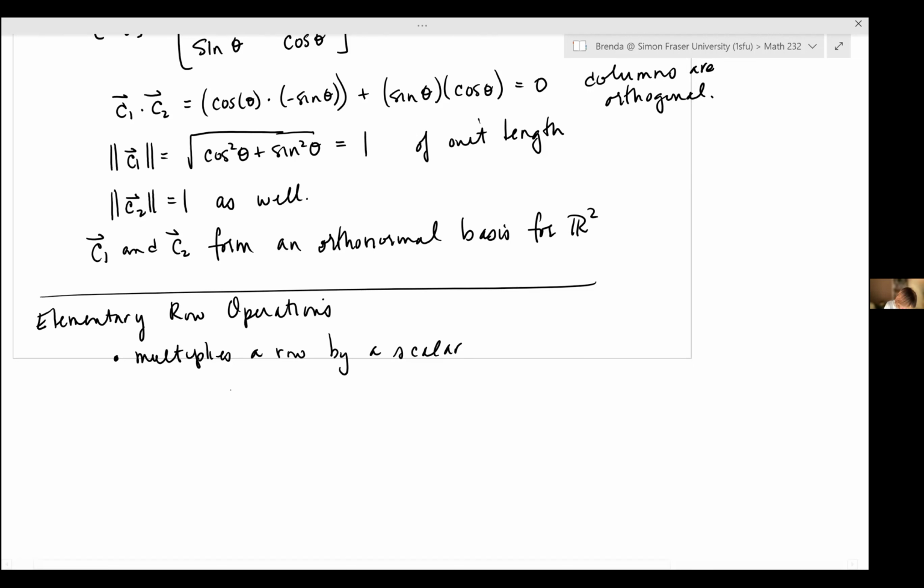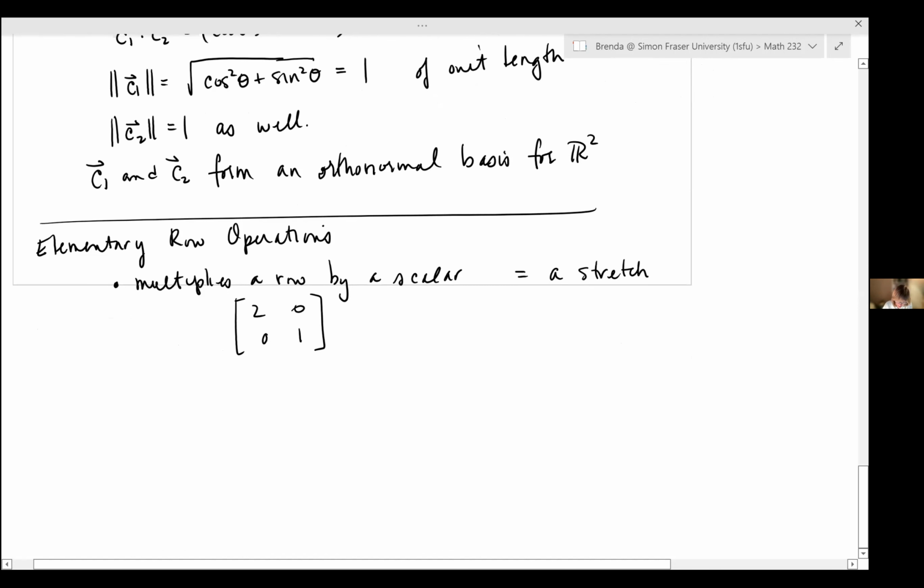It looks like this. This multiplies row 1 by 2. That's a stretch. So we can see the elementary row operations geometrically.